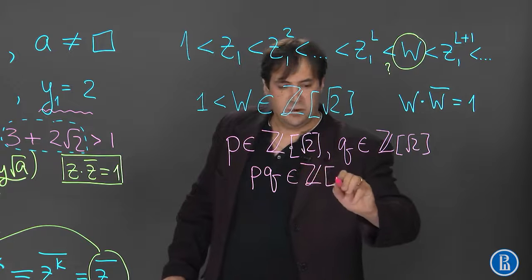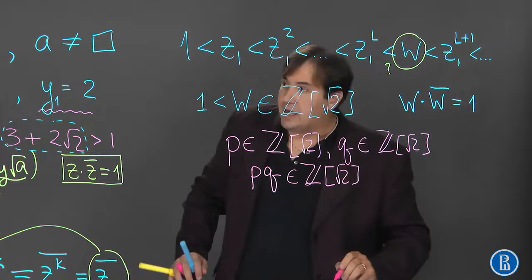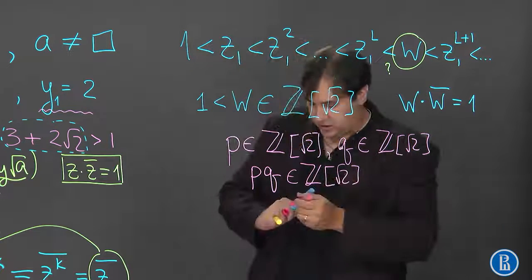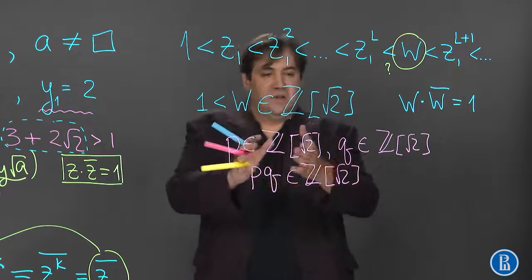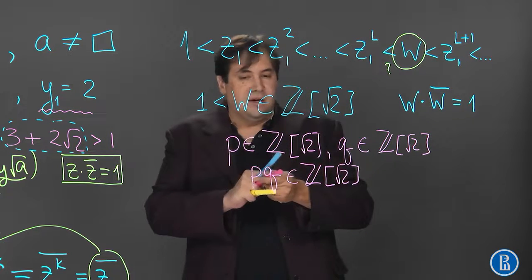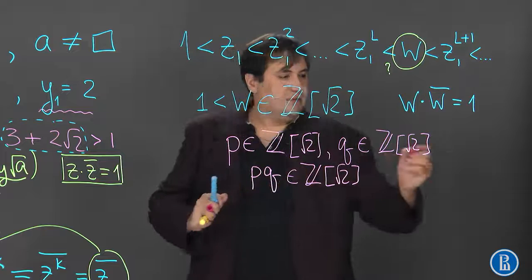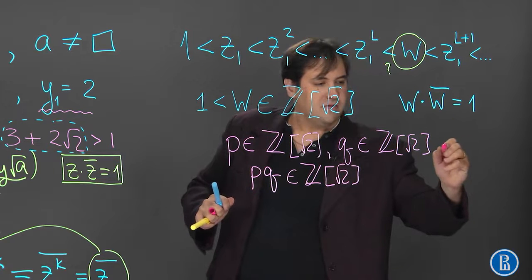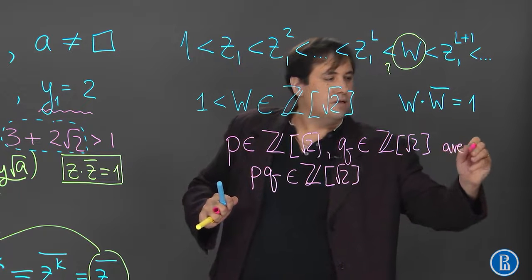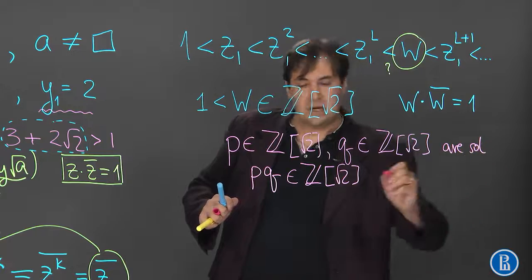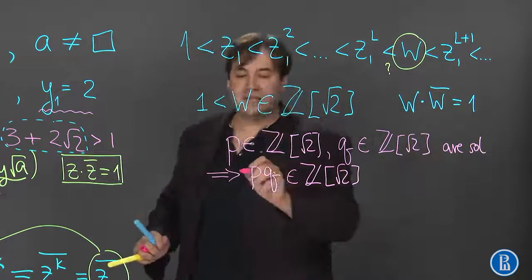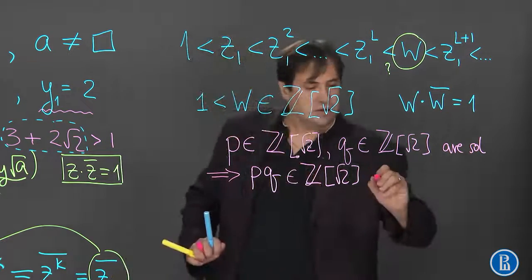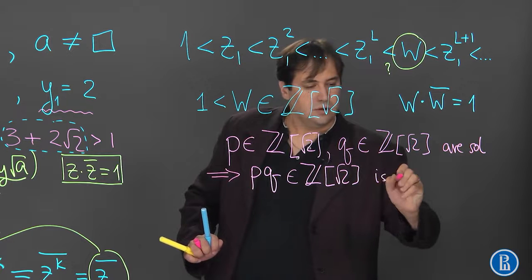It is obviously a quadratic irrationality, and it is also a solution. So if these are solutions, then it follows that PQ is also a solution.